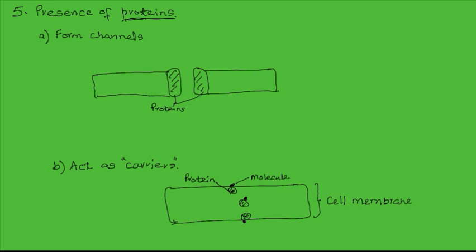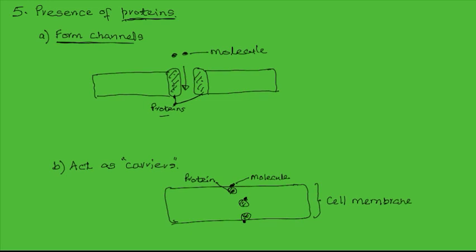This occurs in 2 ways. First, by forming channels within the cell membrane through which the substances will pass. At various points within the cell membrane, the proteins are arranged in such a way as to create channels or tunnels through which certain molecules can move either from the outside to the inside or the reverse, from the inside of the cell to the outside.